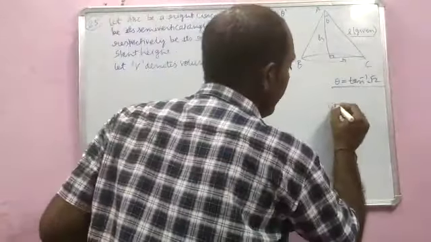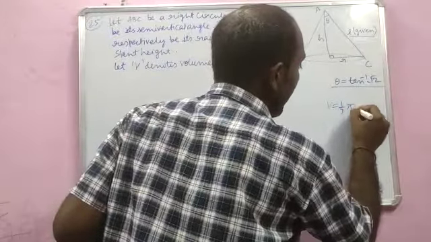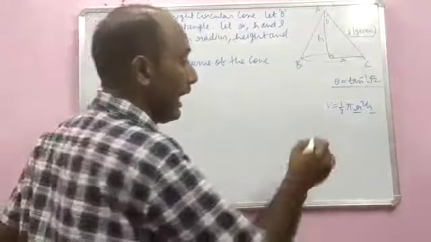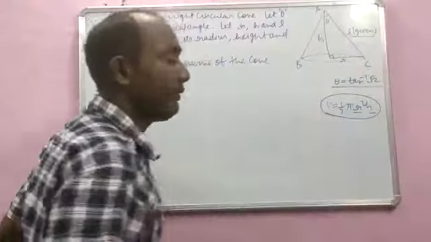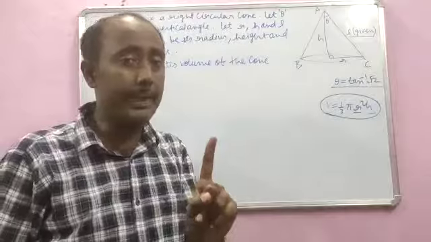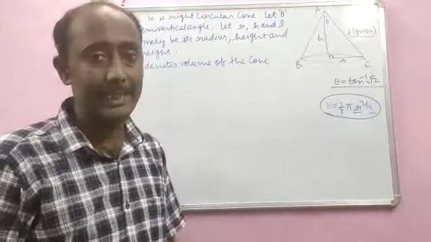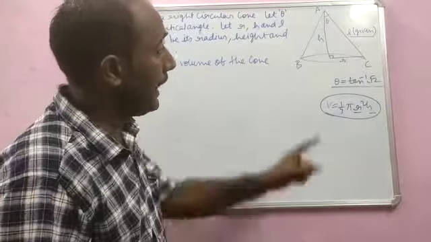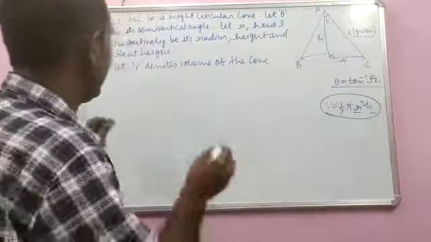Now you know that volume of cone is 1 by 3 pi r square h. So here you have two variables r and h, and you need to have the expression for volume in terms of one variable before you go for its derivative. So the relationship you have to first find between r, h and l, and that you know.